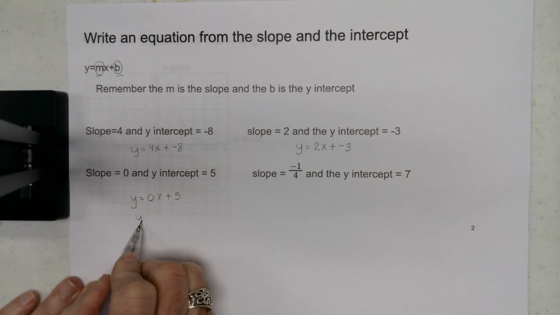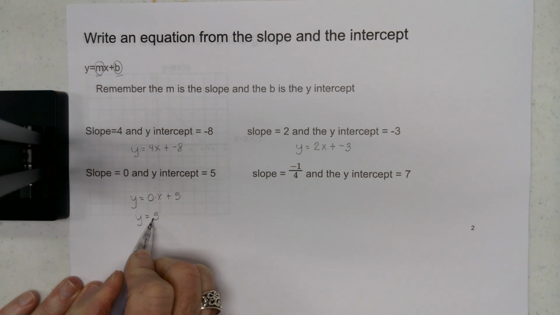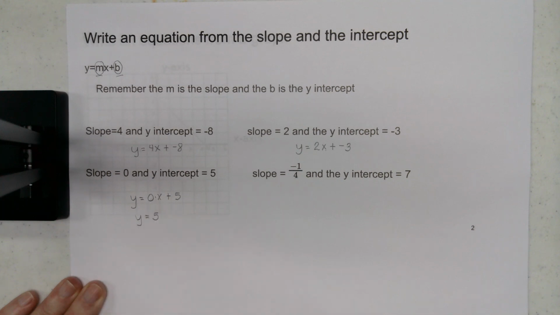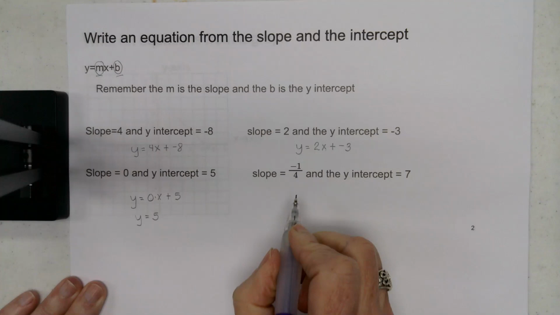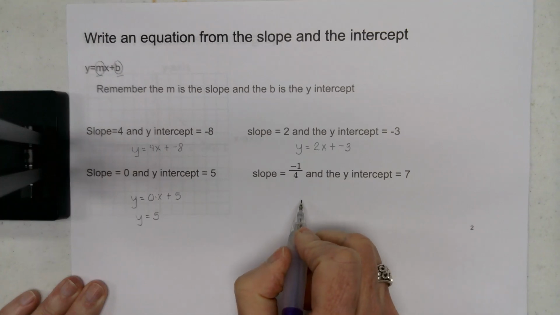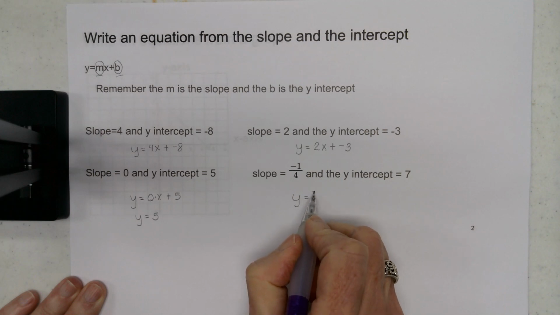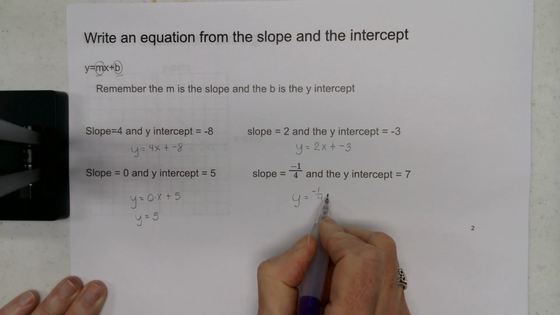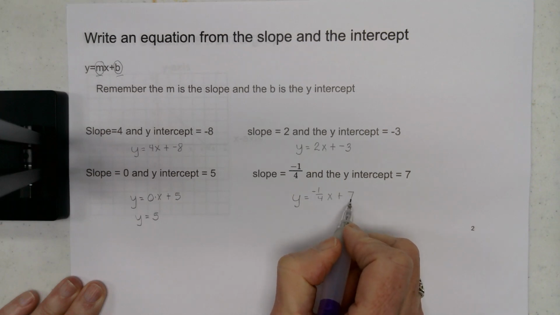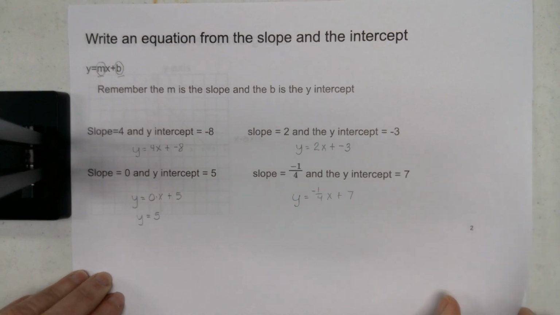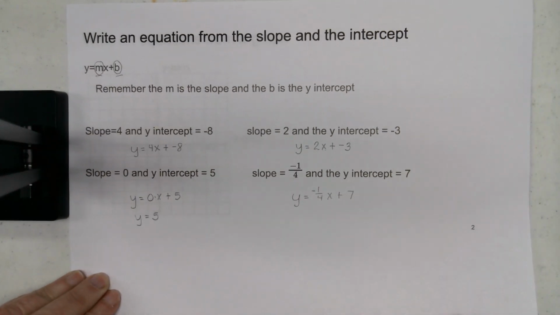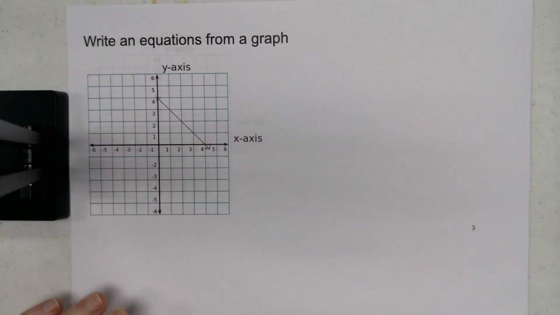You could write this as y = 5, because 0 times x is 0. This one, your slope is -1/4 and your y-intercept is 7, so I have y = -1/4 x + 7. So it's very easy if they give you the slope and the y-intercept to put it in the correct form.